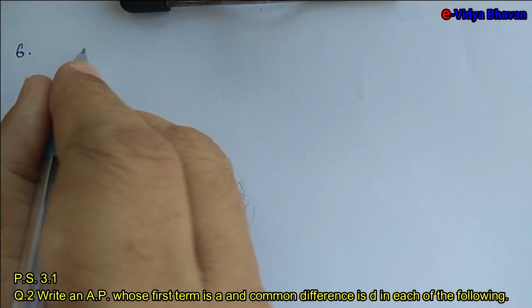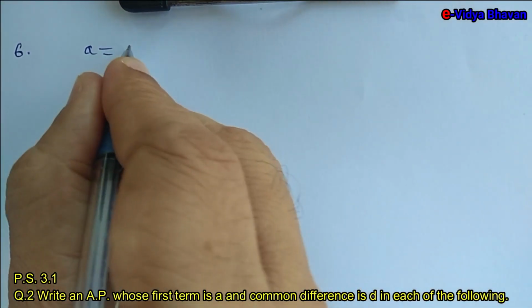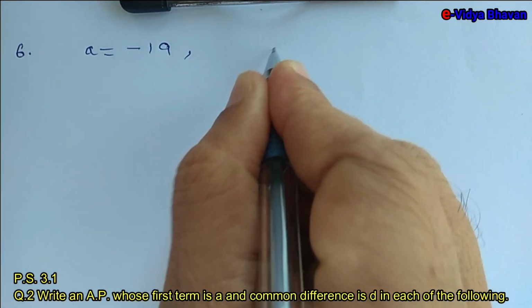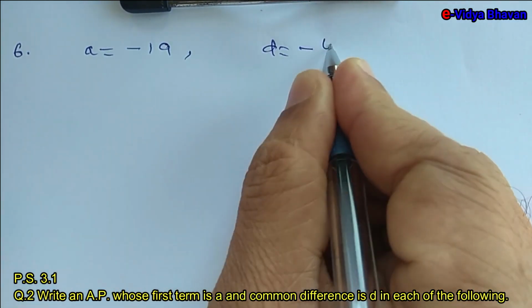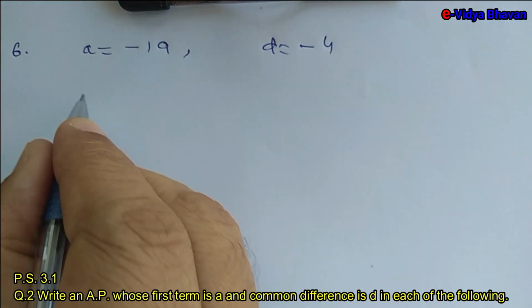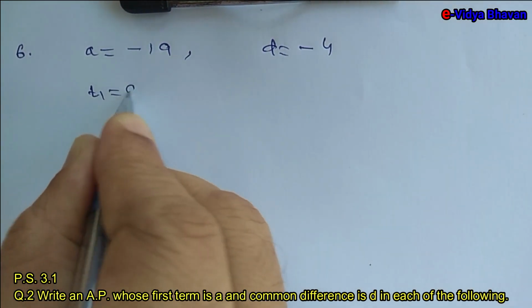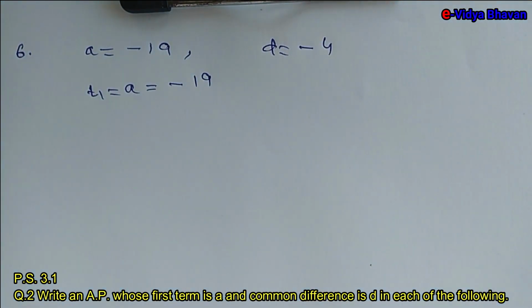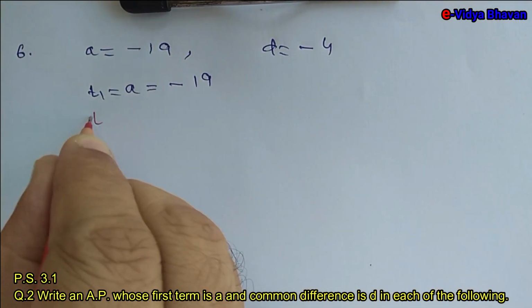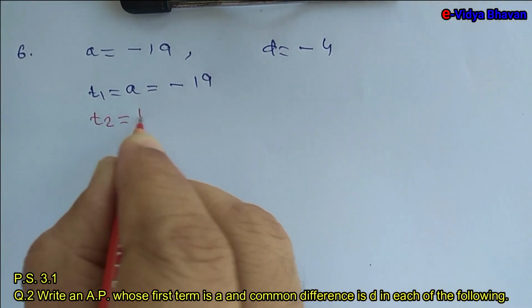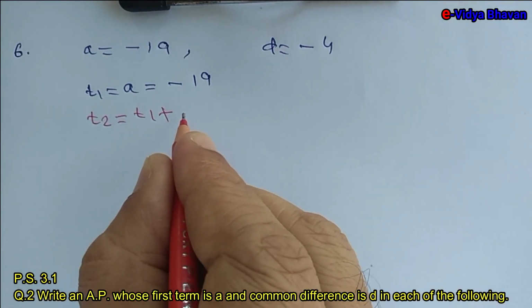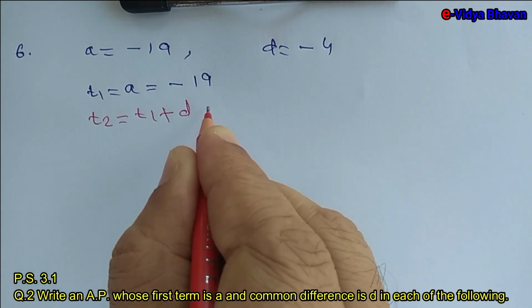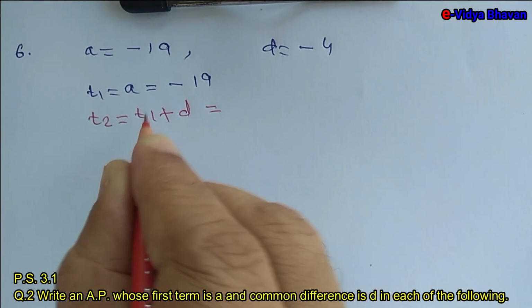Now let's take the sixth example. A equal to minus 19, D equal to minus 4. Now here T1 is equal to A is equal to minus 19, and T2 as per the formula T1 plus D. What is T1?